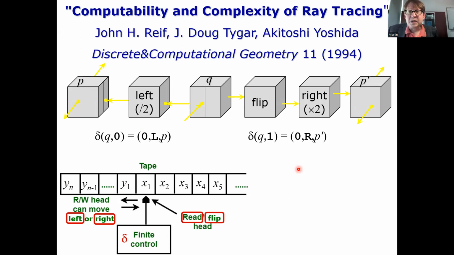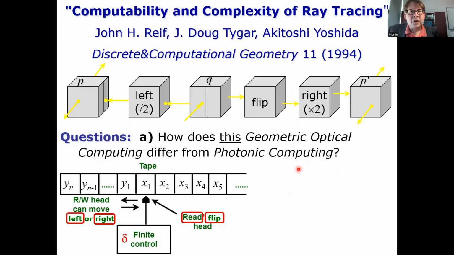And the first question is about the efficiency. First question is, how does this geometric optical computer introduced by Reif, Tygar and Yoshida differ from photonic computing, as I just showed you in this video? Remember, photonic computing uses silicon photonics and uses optics in order to simulate Boolean operations, transistors, optical transistors.